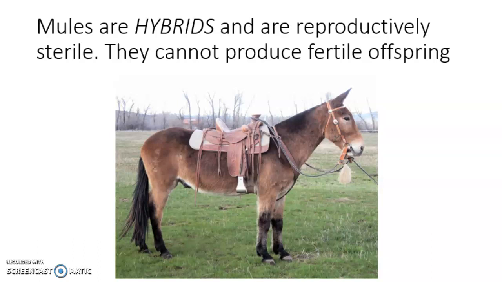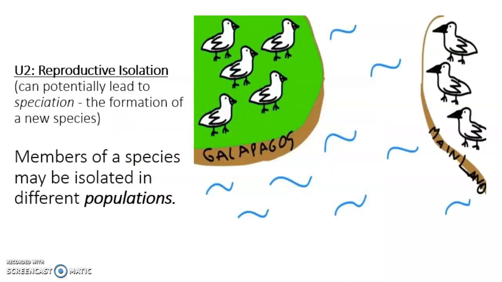Now, most of the time, we do not get new species by hybridization. Rather, new species will usually form by a process called reproductive isolation, which is pretty simple. The idea is that if a population splits off from itself, they will no longer be breeding with each other. In this example here, we have two groups of birds.